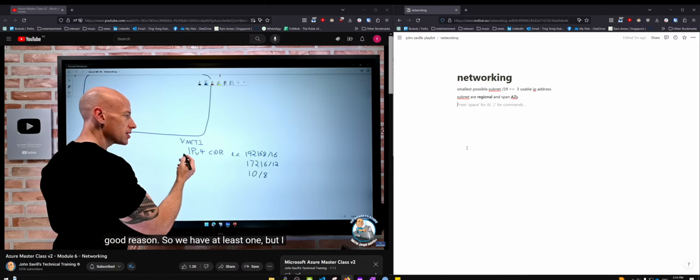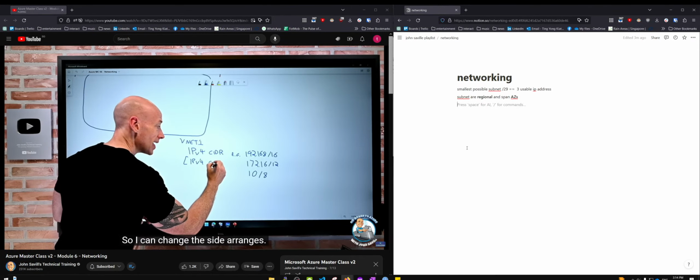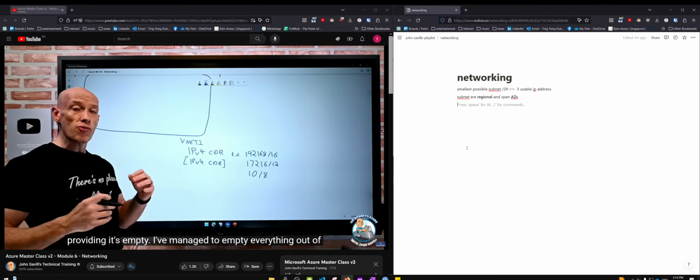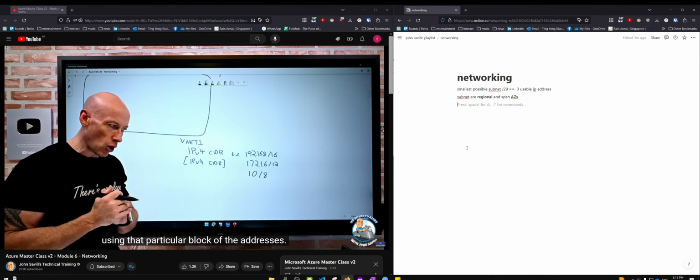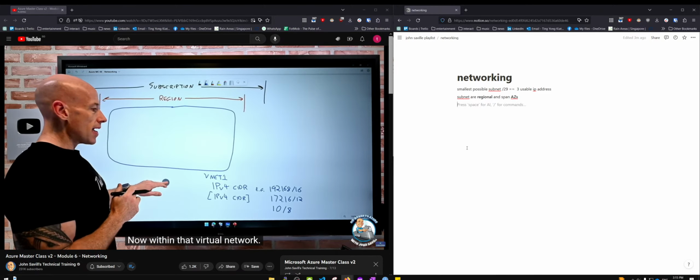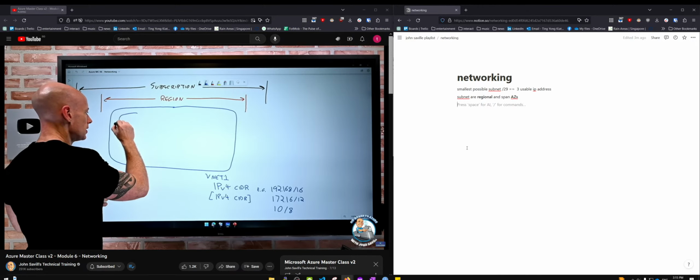So we have at least one, but I can have additional. I can change the CIDR ranges for a virtual network. I can add, I can even remove, providing it's empty, providing I've managed to empty everything out of using that particular block of the addresses. Now within that virtual network, I create subnets.